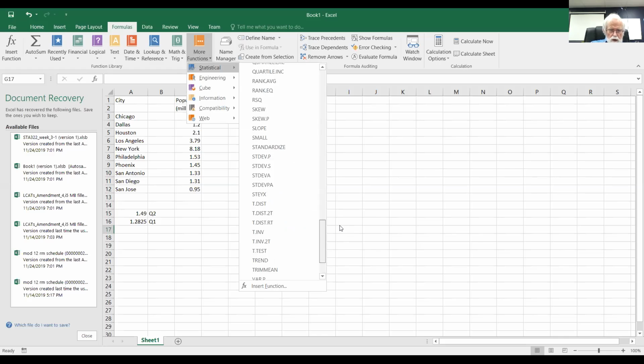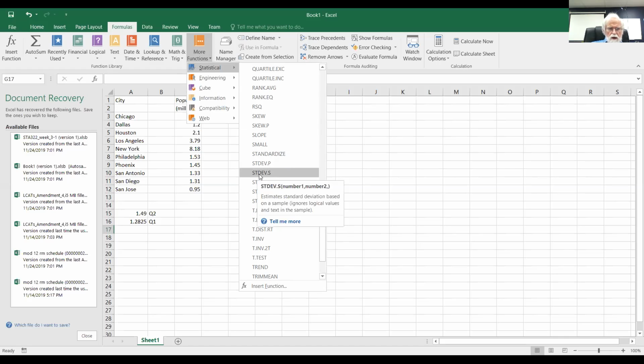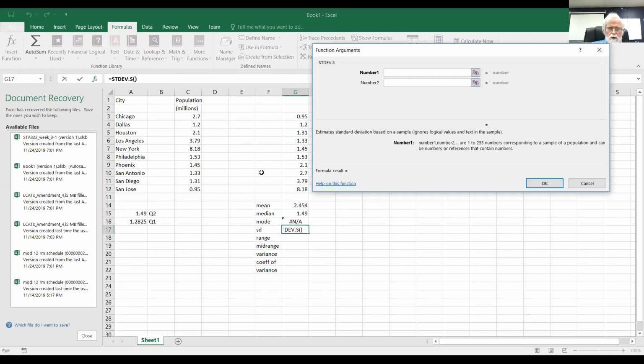So we come down here, and we have two choices of standard deviation: STDEV.P and STDEV.S. Remember from our formulas on Tuesday that standard deviation for a population is calculated slightly differently from standard deviation for a sample. What we have is a sample. We have 10 cities out of tens of thousands in the United States. So we want to do the sample standard deviation.